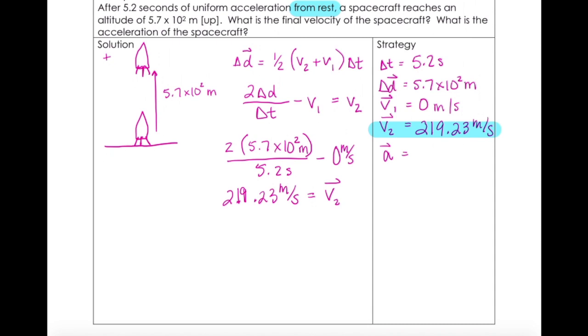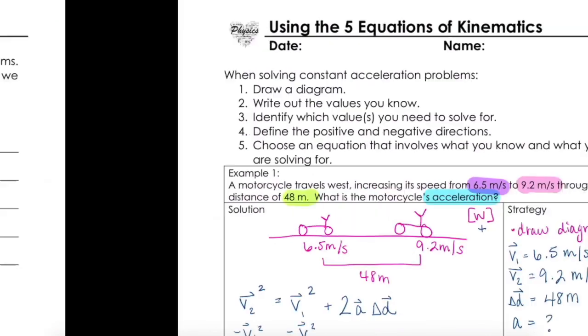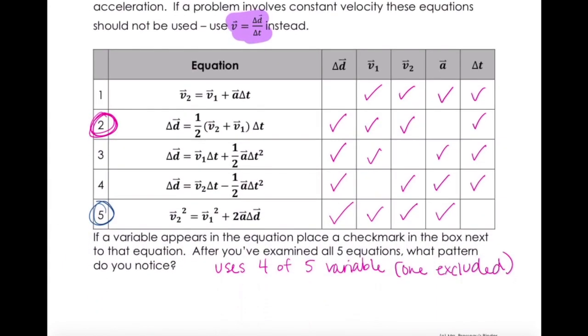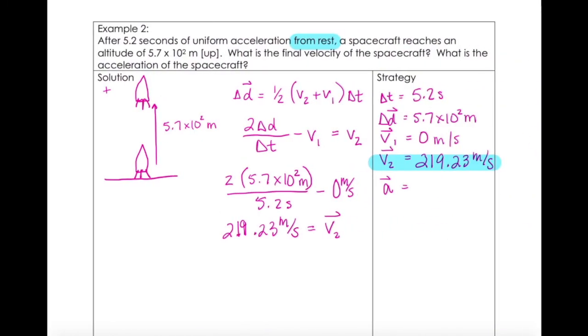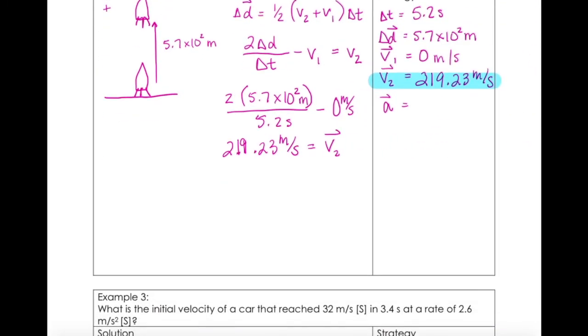Okay, so we're going to be looking for an equation that uses time, v1, displacement, and acceleration. Basically we're missing v2, so we're going to be using equation number 3 for this.